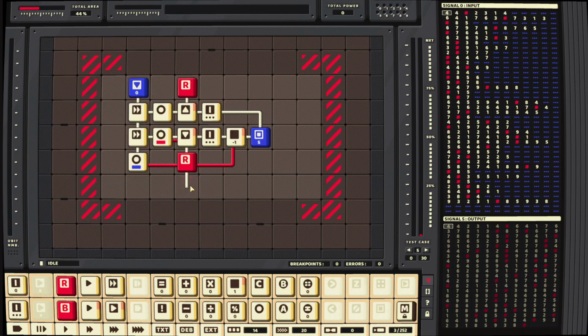So how do I do that? I sense a blue. If it is not blue, so I think I can put a conveyor here. And it's already connected to what I want, so that's great. It's already connected to this.